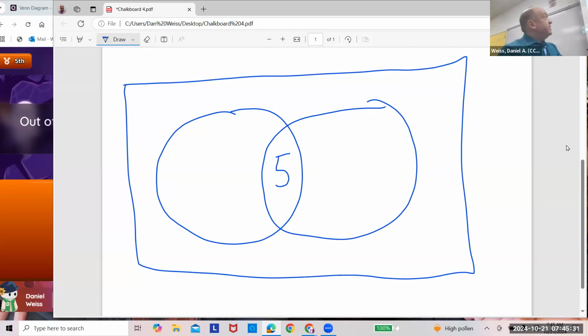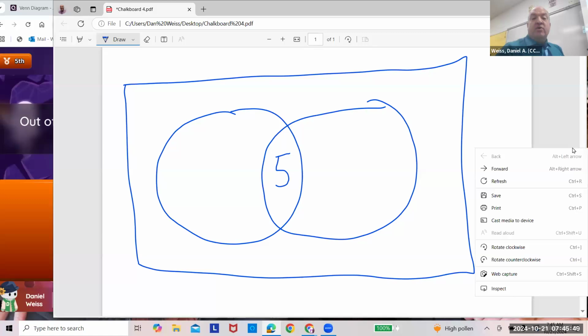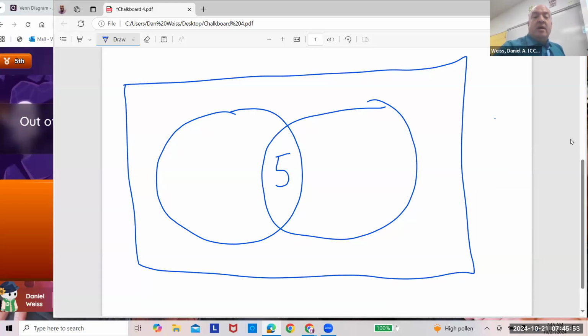What I do know is that there's 5 in the middle, and I know that altogether, right, I've got 14 and 29 is 43, right? 14 plus 29 is 43. So altogether here, inside here, I've got 43 inside those two circles, okay?